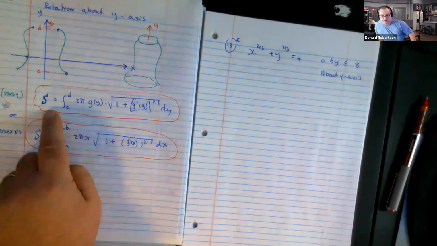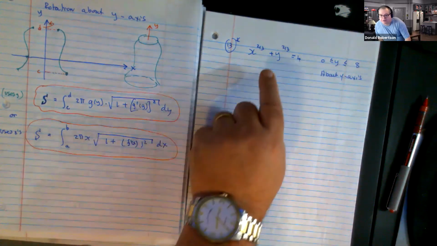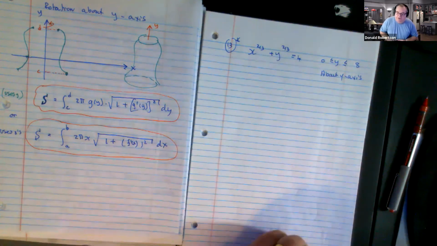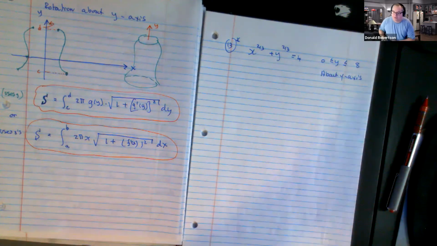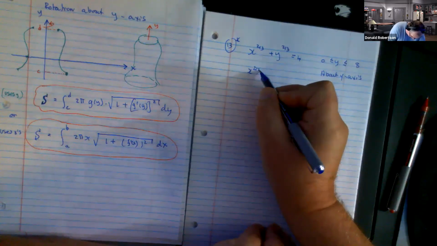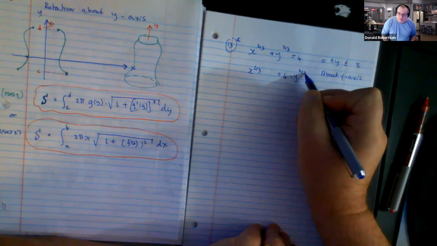But if I'm going to do the top formula, don't I need to take this and somehow rearrange it to be x equals a function of y? So I'm just going to do some algebra on this. If you subtract y to the power of 2/3 from both sides, you get that.